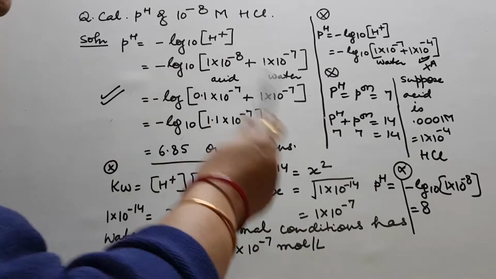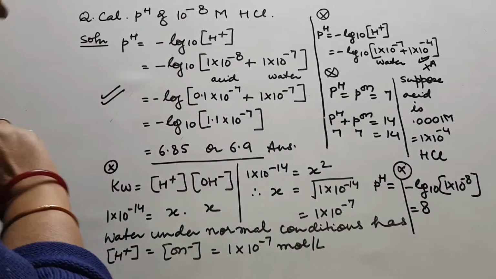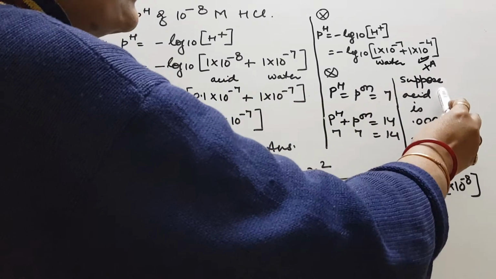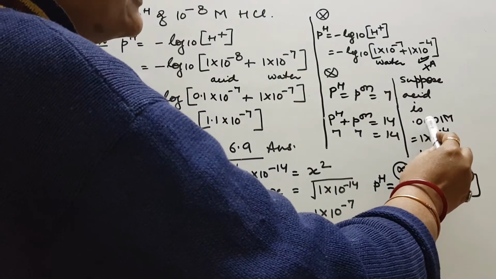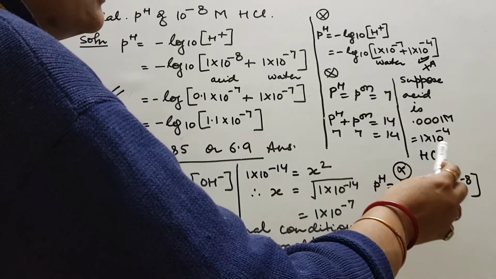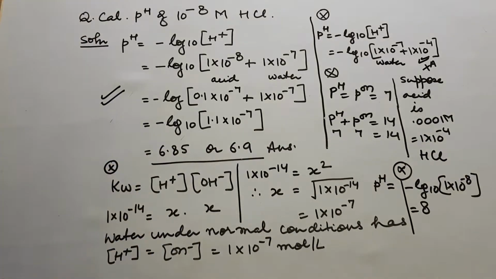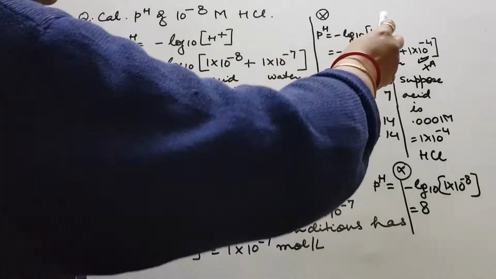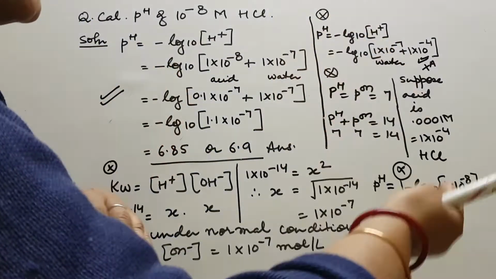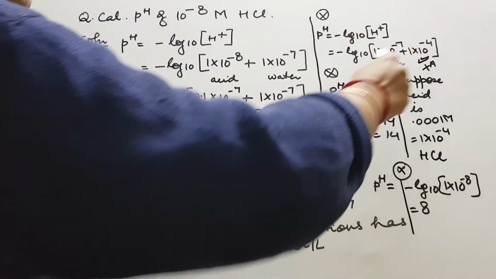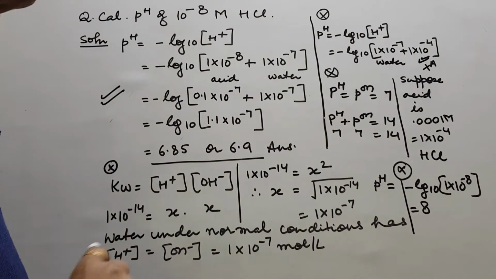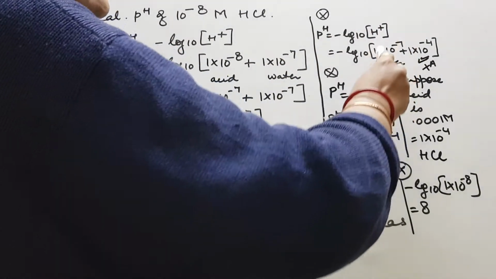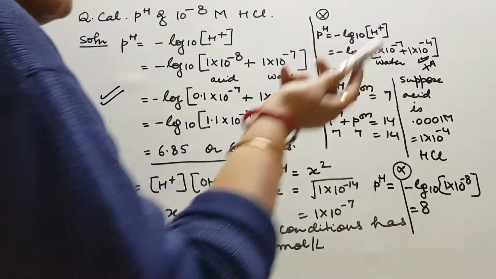Now children, we go back to calculation of pH. Suppose we are given an acid which is 0.001 M HCl, and they say calculate its pH. The point is pH is equal to minus log to the base 10 of, here I did not say whether it is coming from water or acid, I just said total H plus in moles per liter, which is obviously something coming from water and something coming from acid.